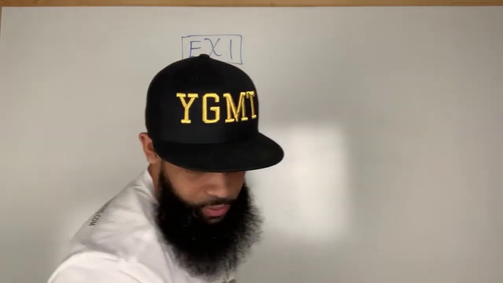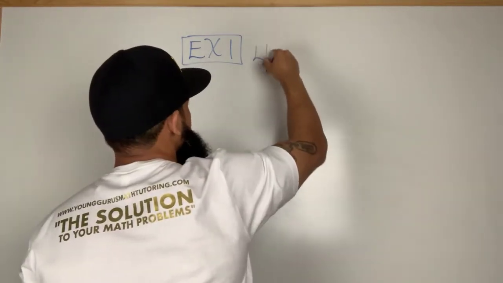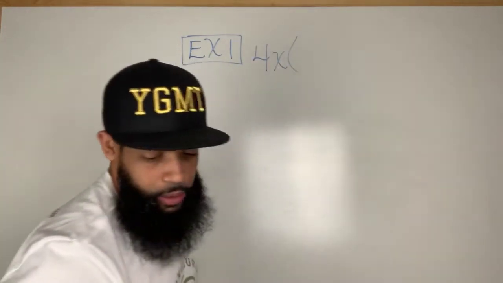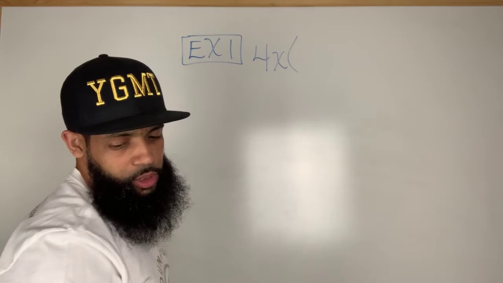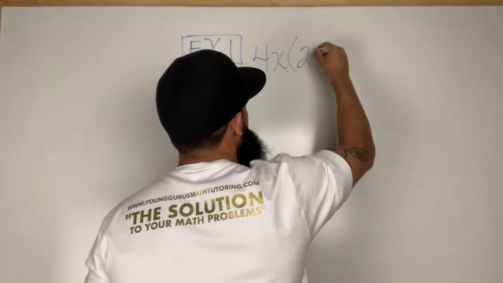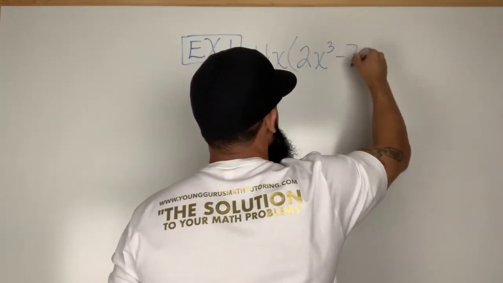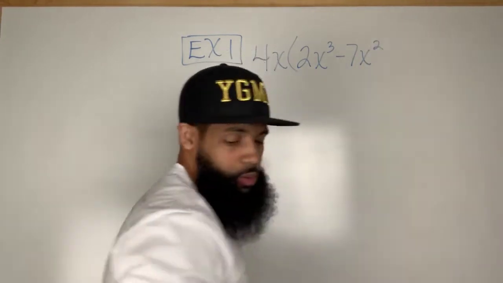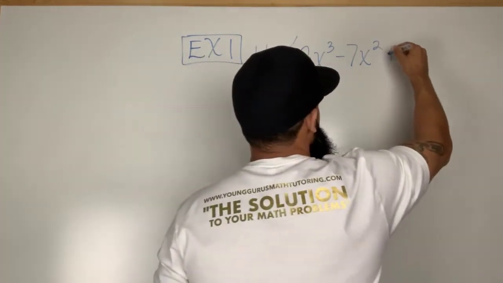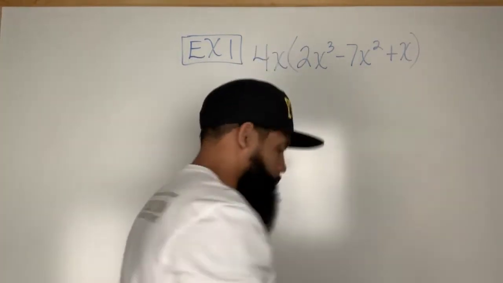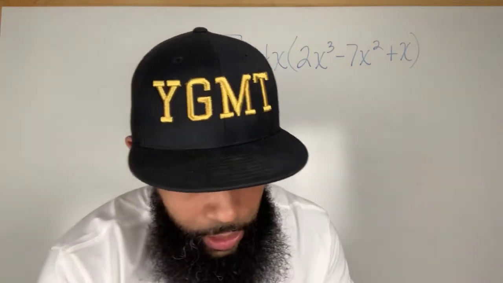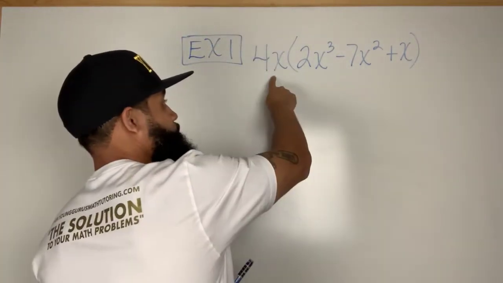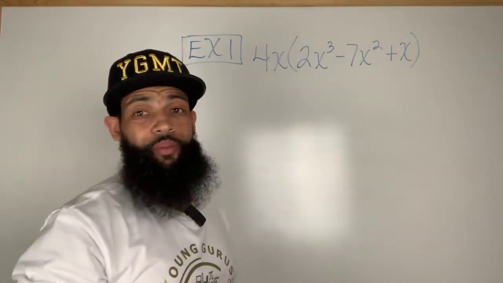If I have 4x and I'm multiplying that by 2x cubed minus 7x squared plus x. Okay, so I'm multiplying those two, and all I'm going to do is actually distribute this 4x to each term inside the parentheses.